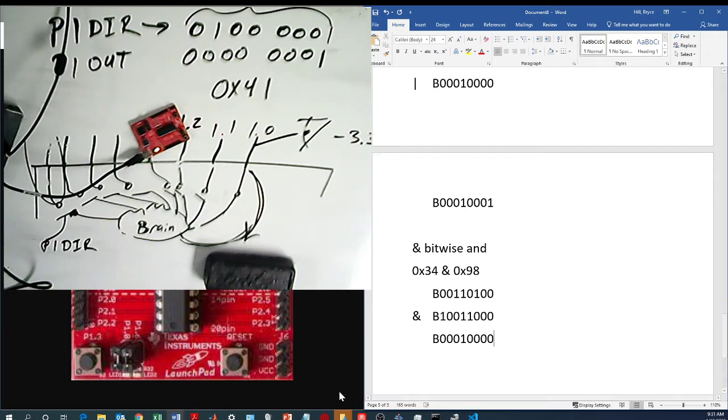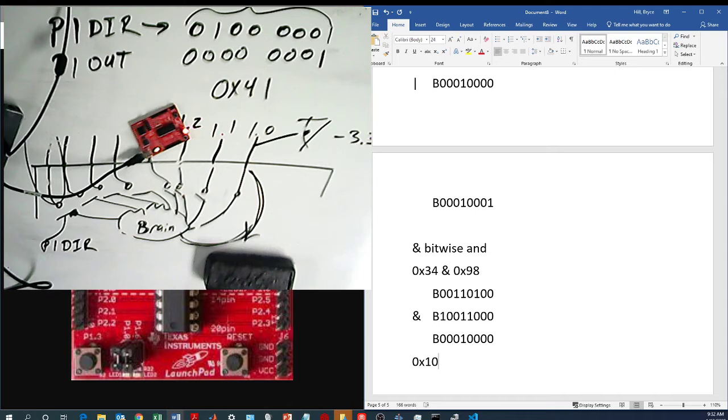This one up here is bit 4, and both of these were true, and so it results in something weird. We have to do this on a bitwise basis normally. It's hard to do it in hex without thinking long and hard about it. This one is going to result in 0x10 as the hex value. Okay, so that gives us that one.